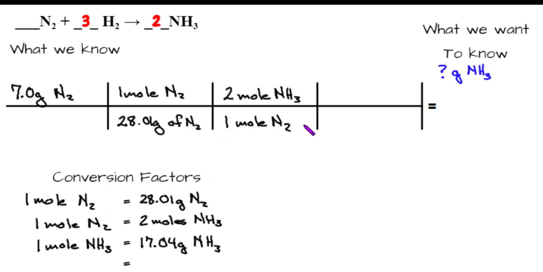And so for every 1 mole of NH3, I'm going to get 17.04 grams of NH3.